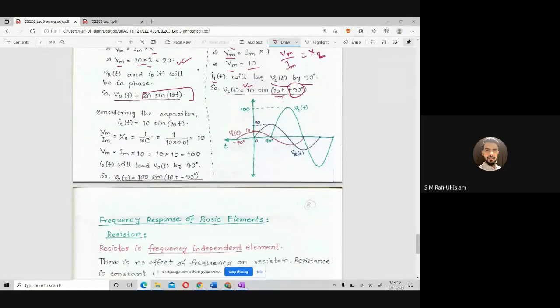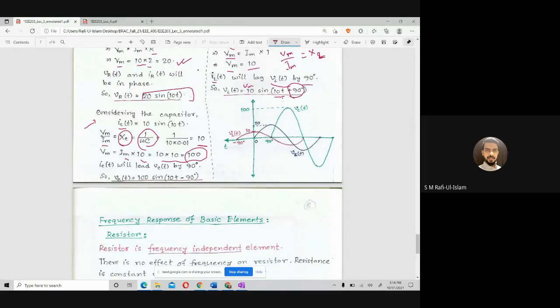And the other case: let's say we have a current source. We can calculate in a similar fashion. We can get the XC value, which is nothing but 1 upon omega C. I substitute all the values and we get that magnitude. My target is again to find capital Vm, which is the maximum current times this. I replace the value and we get the maximum voltage value.